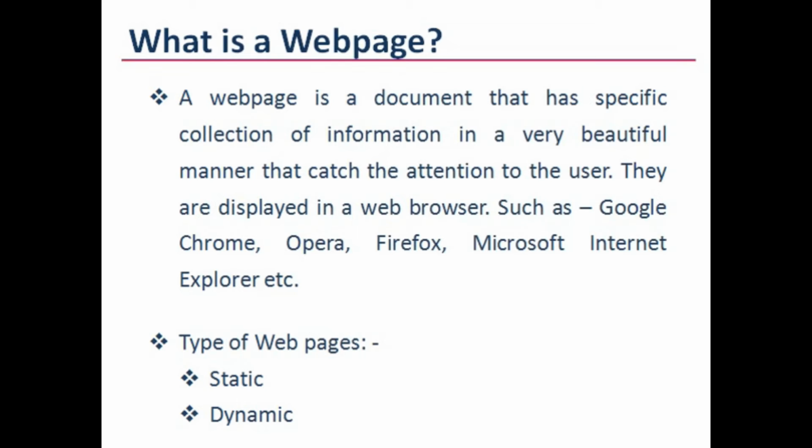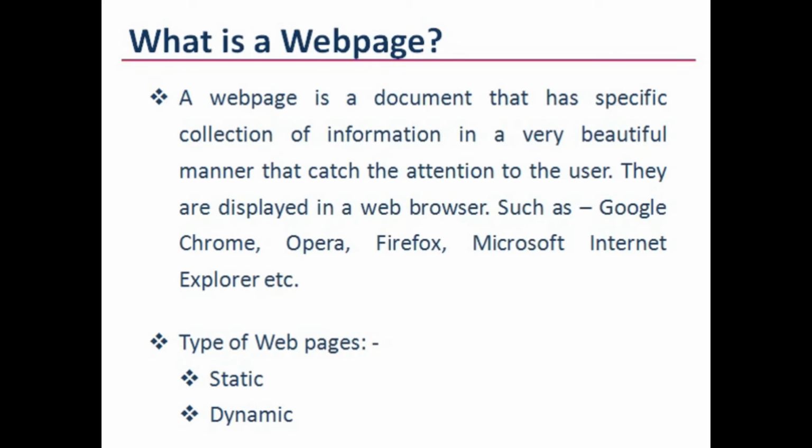The web pages are displayed in a web browser. The web pages are generally interlinked with hyperlinks. We very well know that some common examples of web browsers are Google Chrome, Opera, Firefox, etc.